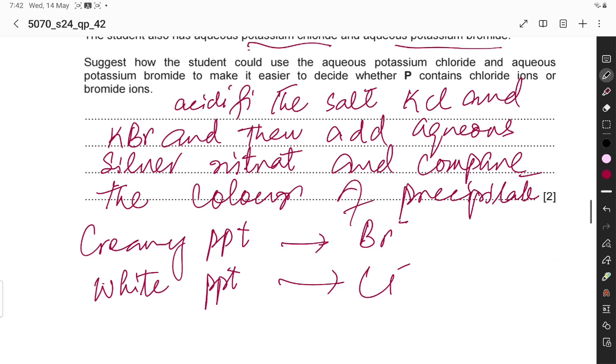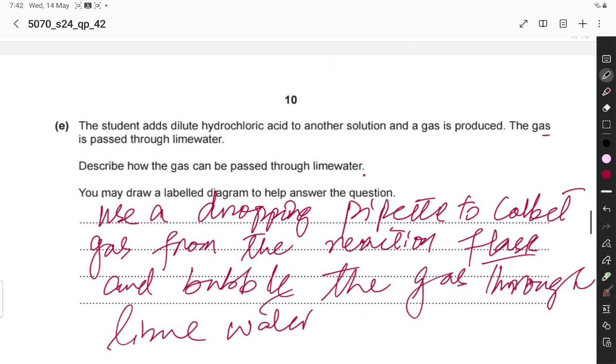Acidify the aqueous potassium chloride and aqueous potassium bromide, and then add aqueous silver nitrate and compare the color of the precipitate. If cream precipitates are formed, then bromide ion is present. If white precipitates, that bottle contains chloride ions.